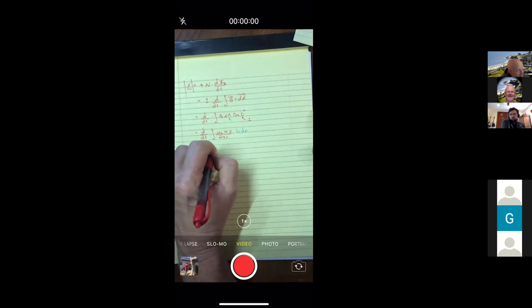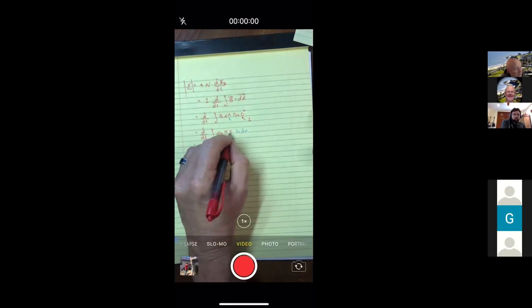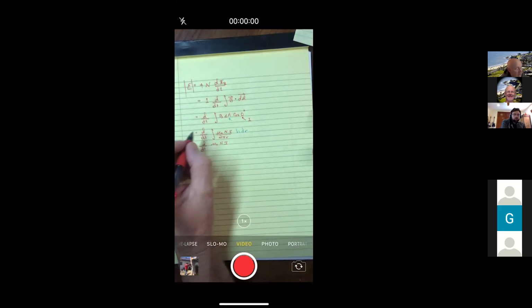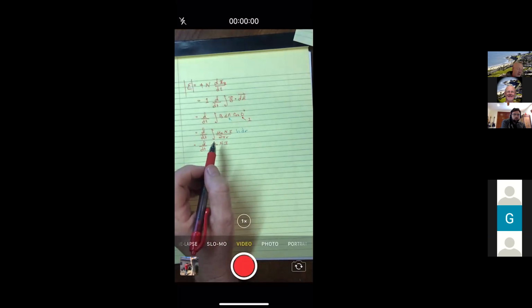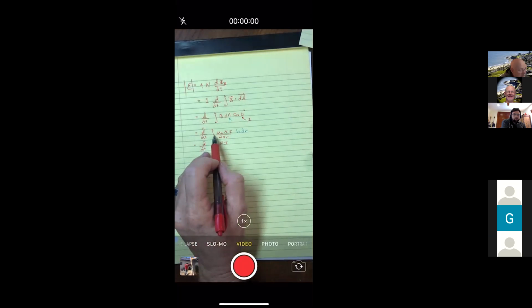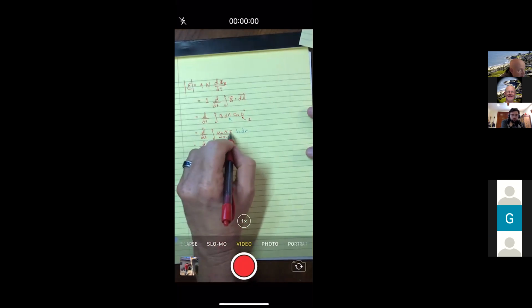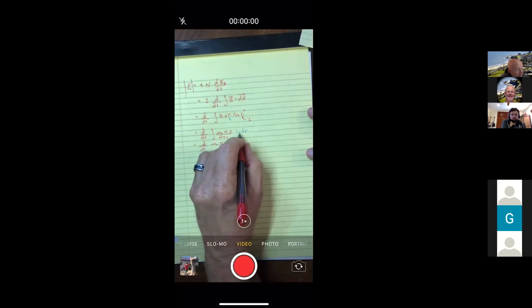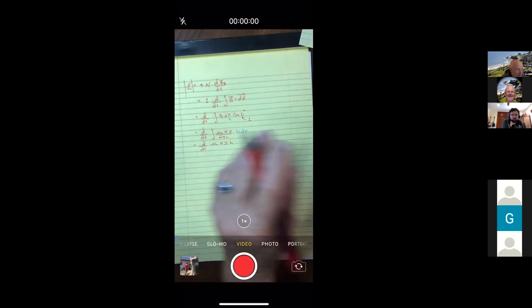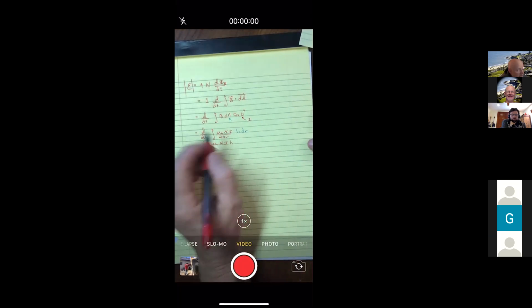And let's see, the mu naught is a constant. I can pull it in front of the integral. The number of turns in the toroid is a constant. The current is a constant. And of course, I should say again, a constant in space as well as time. But right now I'm just focusing on space. So I'll pull that out. The h, again, for the rectangle is a constant in space.